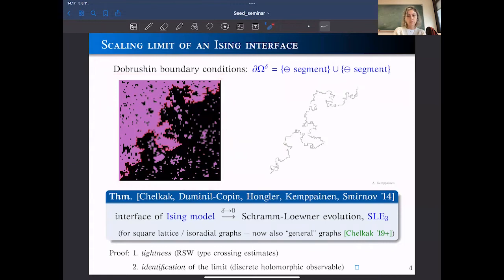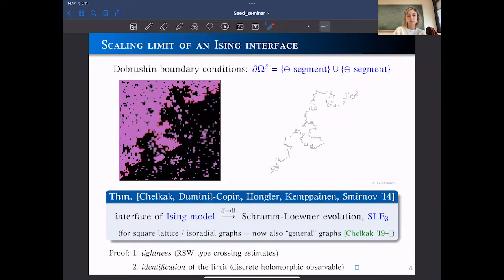It lives in the space of all curves connecting these two boundary points in this rectangle. You can show that it converges. Remember, I was having delta times Z^2, and I was taking delta to 0. It converges to some object which is understood. It's this SLE curve that I want to introduce you to.